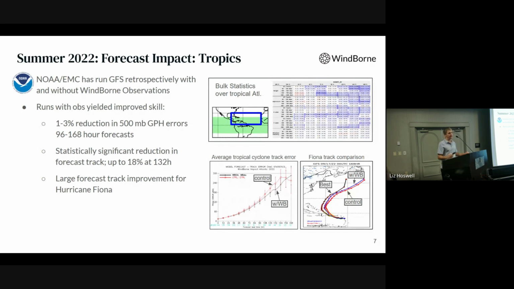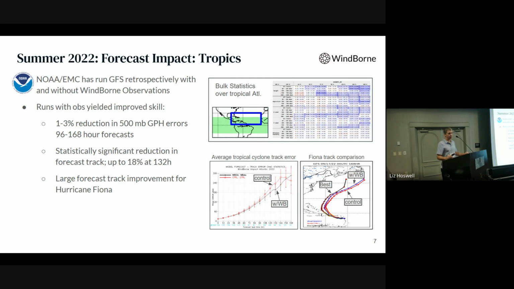So it was as if it was operational, but retrospectively, with the addition of the windborne data cycle by cycle, of course. What you see here in the upper right is a scorecard for the entire season in 2022, which is about 2 months. And the blue indicates a reduction in forecast error.